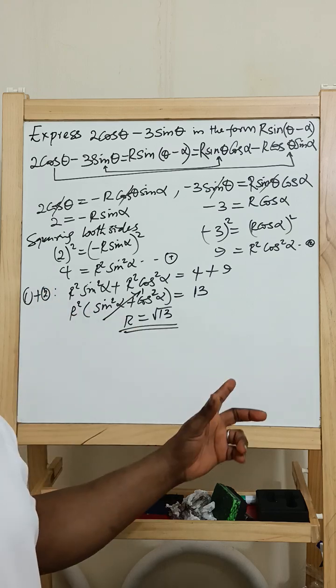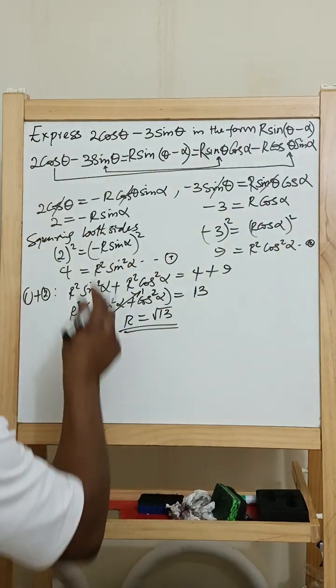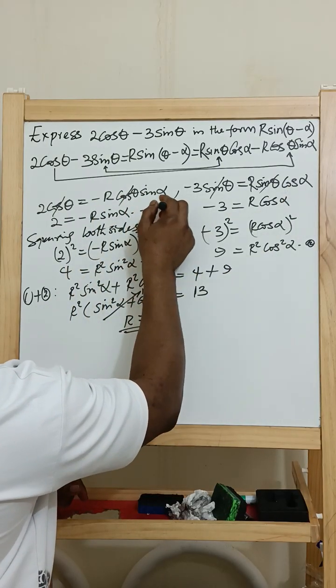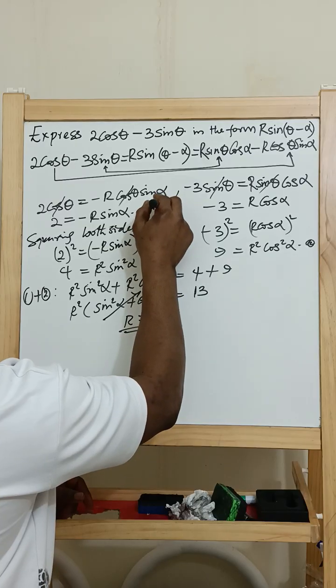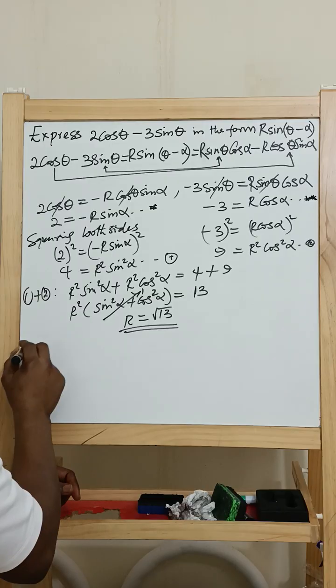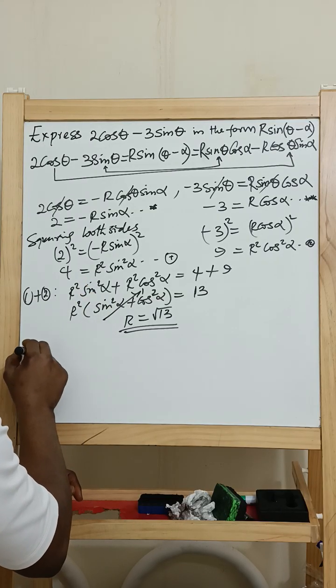Okay, that's r. Now how do we get the alpha? If this is star and this is star star, we say star divided by star star.